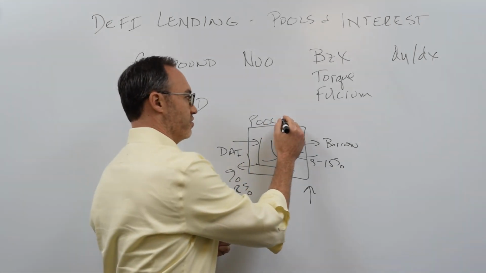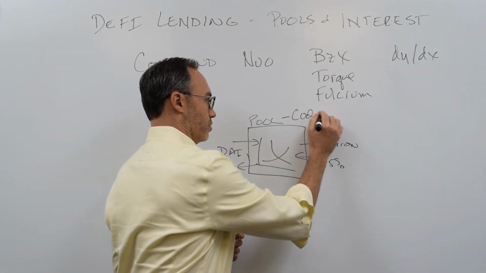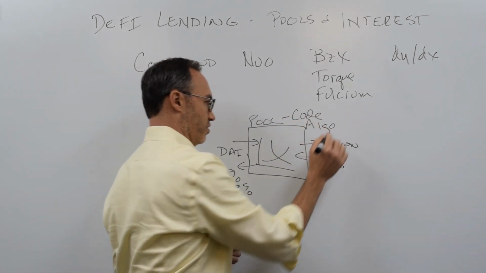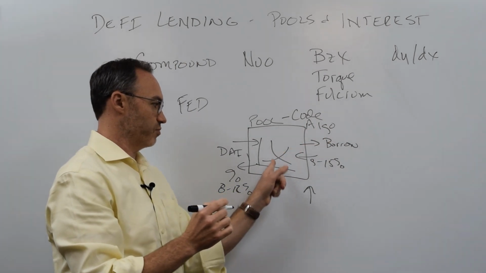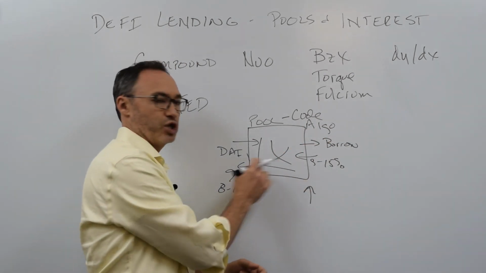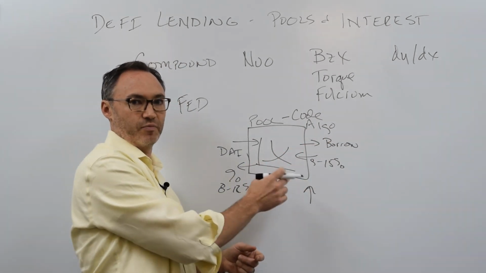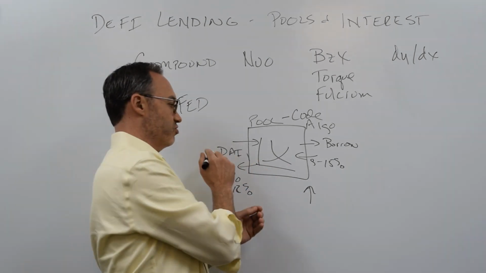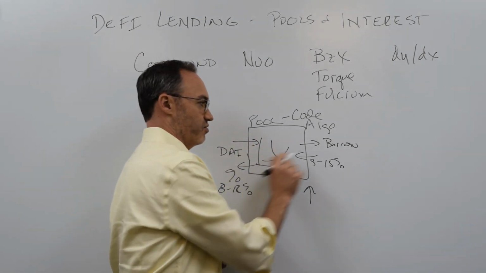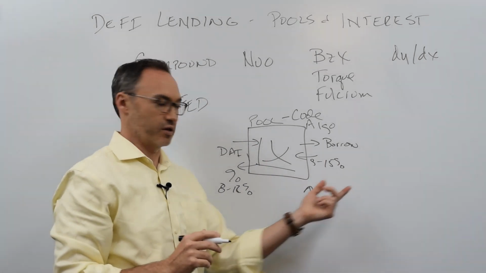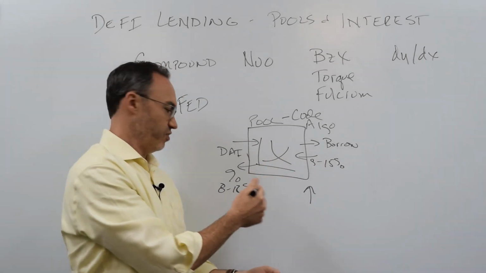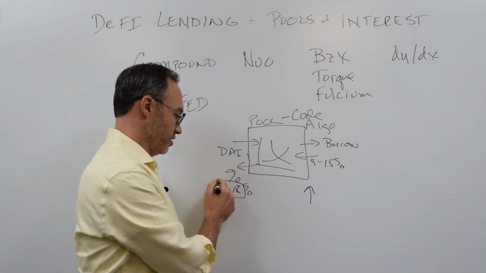The beauty here is these are based on code, or essentially an algorithm. So an algorithm creates a supply and demand, and this can be changing on a second-by-second or a minute-by-minute basis. So as there's more liquidity coming in and as there's more borrowing happening, this interest rate can always be fluctuating. So the interest rate that I'm getting is not set in stone.